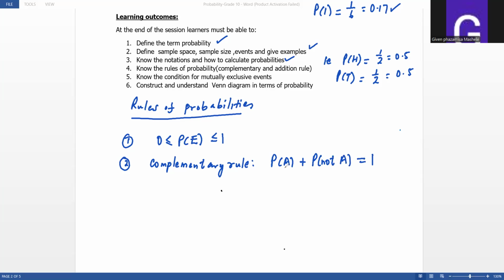So P(A) plus P(not A) equals 1. If you do not want to write not A, this can be written as P(A) plus P(A'), with a dash. This is the same as not A.